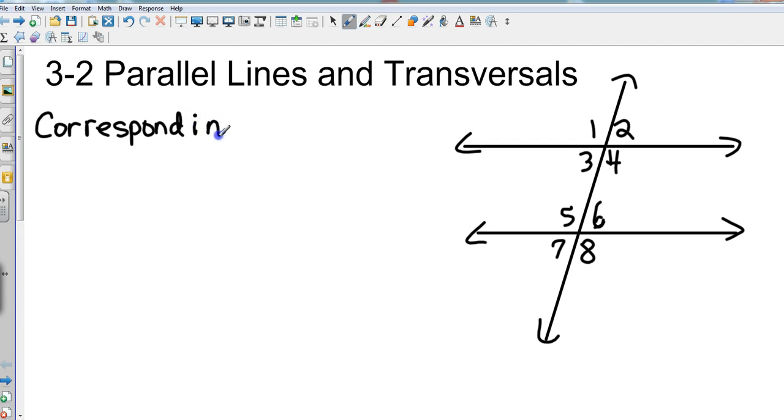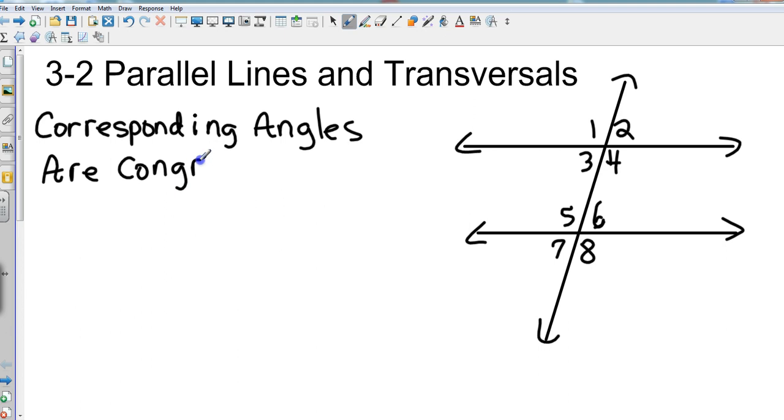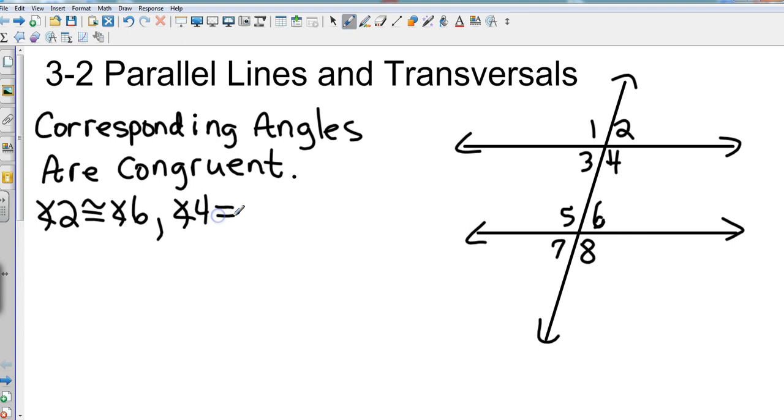And corresponding angles are congruent. Which means that angle 2 is congruent to angle 6, and angle 4 is congruent to angle 8.